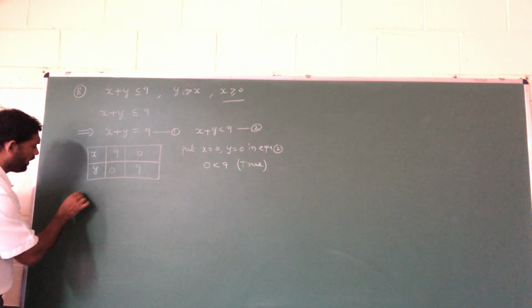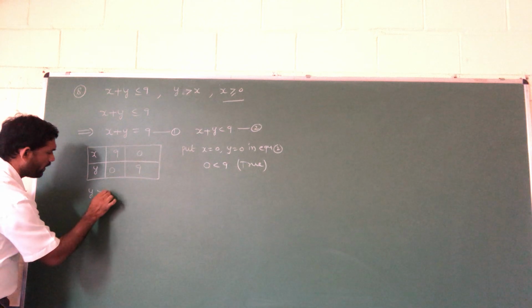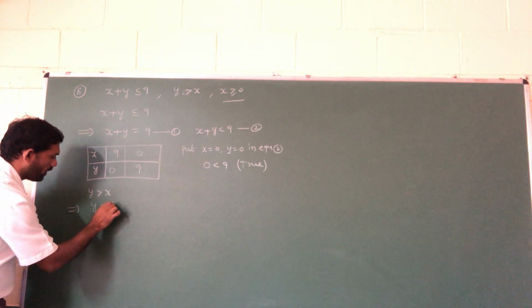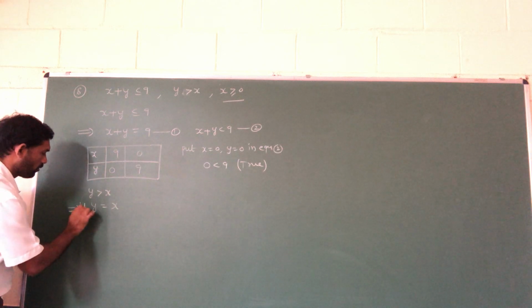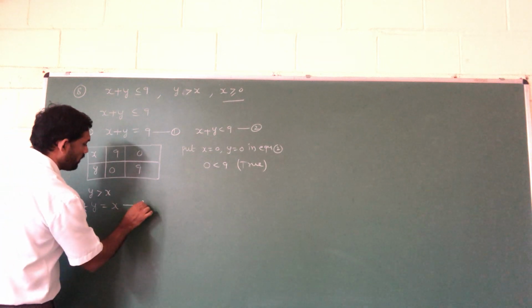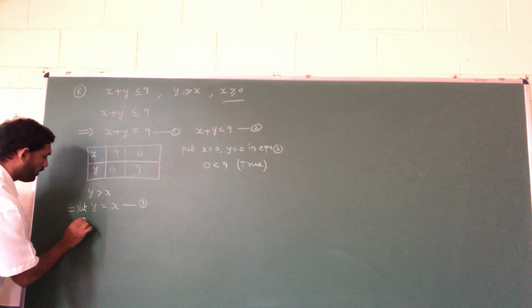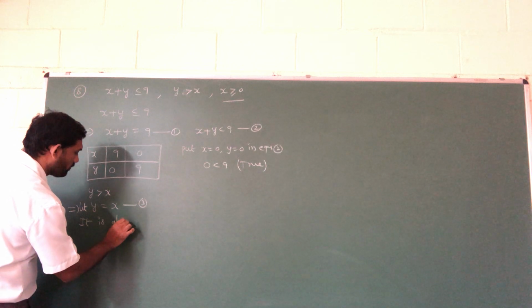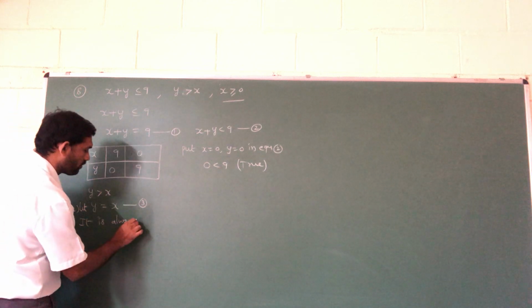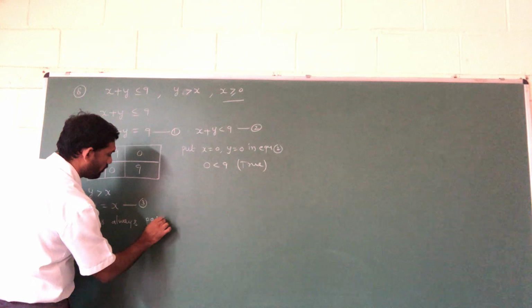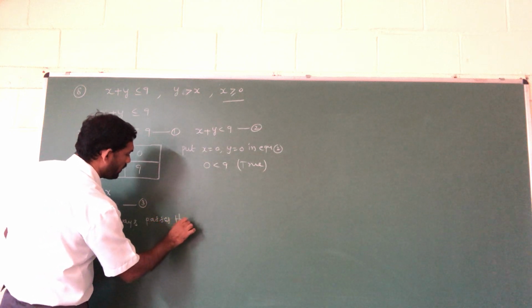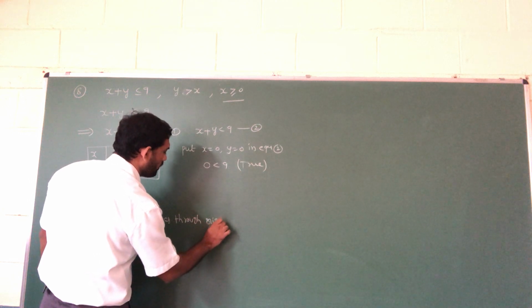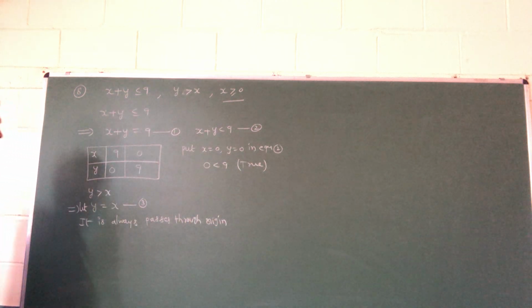Next, the second one, y greater than x. This one you take y is equal to x. Let y is equal to x. This always passes through origin.